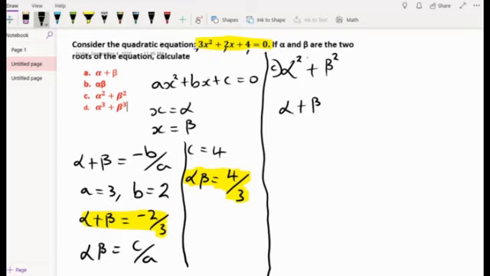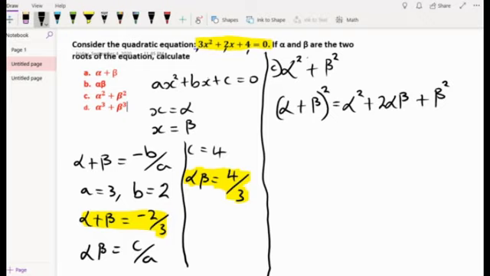That is, when you are asked to find alpha squared plus beta squared, you have to find alpha plus beta everything squared. So this is going to be alpha squared plus 2 alpha beta plus beta squared. When you expand this correctly, this is what you get.